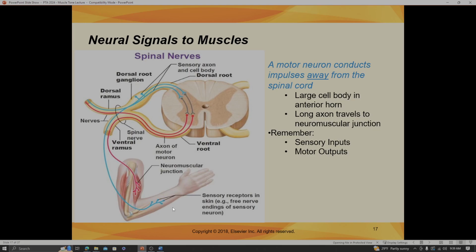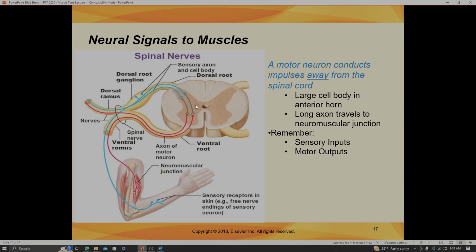So in our example, right? We get stimulation from the sensory receptors, here the free nerve endings of this example's forearm. That information travels up through the dorsal component and into the dorsal root through the dorsal ramus of the spinal nerve. It's interpreted at the interneuron, right? At that point, some information will be directed to the brain for processing, but other information may be directed back down initially, depending on whether it's reflexive or interpretive at the level of the brain.